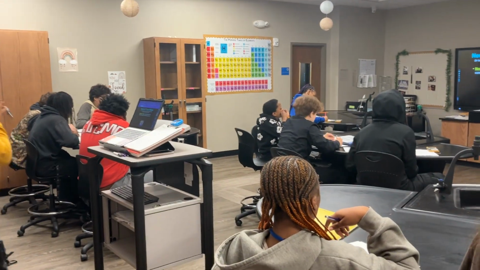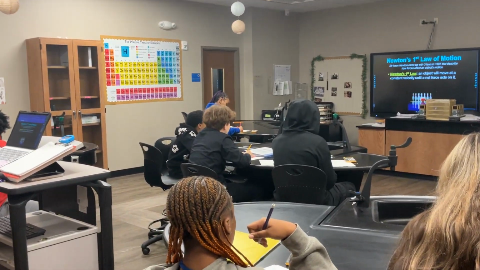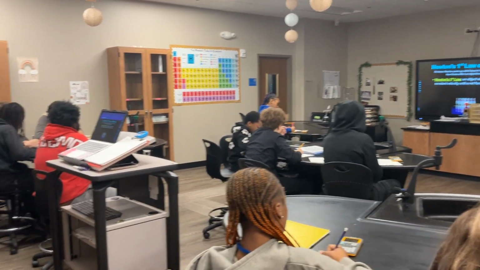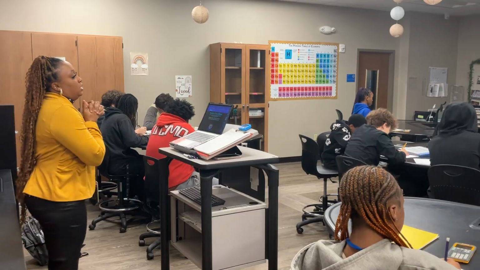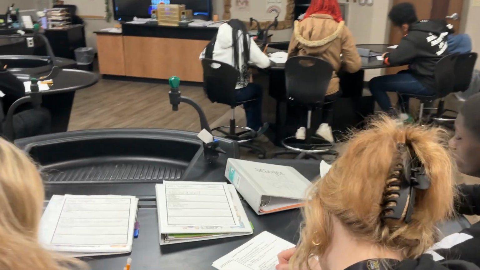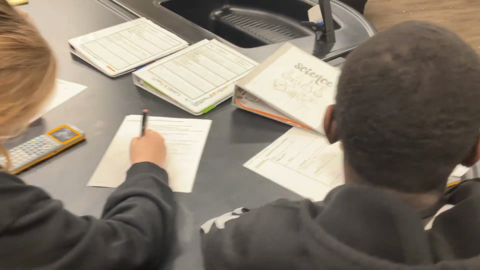Somebody read me what the first law is. An object will move at a constant velocity until a net force acts on it. Yes. So Newton's first law is when an object moves at a constant velocity until a net force acts on it. So that means when 2 different forces come towards that object, causing it to move.